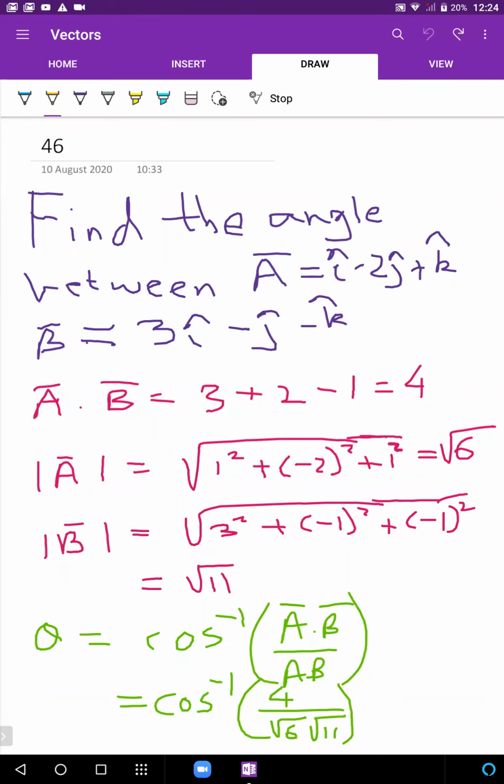Understood? All those who didn't get it, did you get it now? Have you understood now? It's only formula based. Take the dot product, take the magnitudes. Cool.